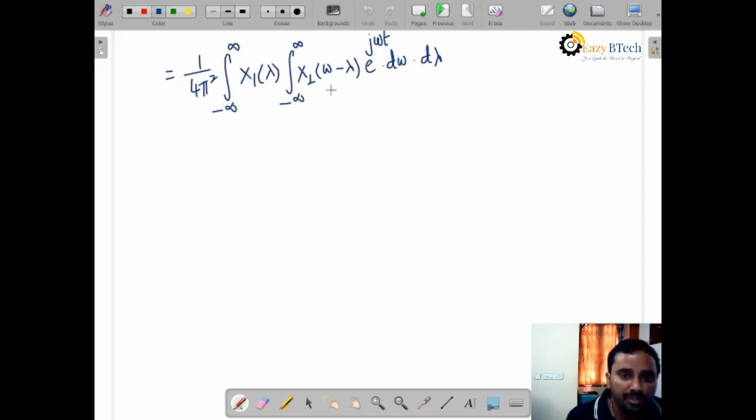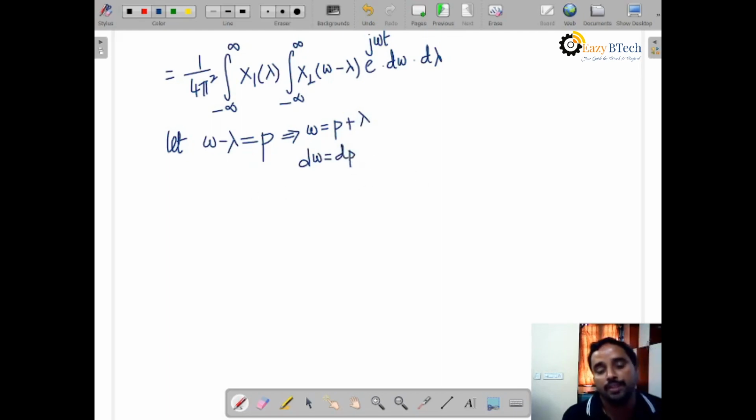Now I am going to take this bracket. Let omega minus lambda be equal to some variable p. From this, omega will become p plus lambda, and d omega will become dp because lambda is a constant. And what about lower and upper limits?